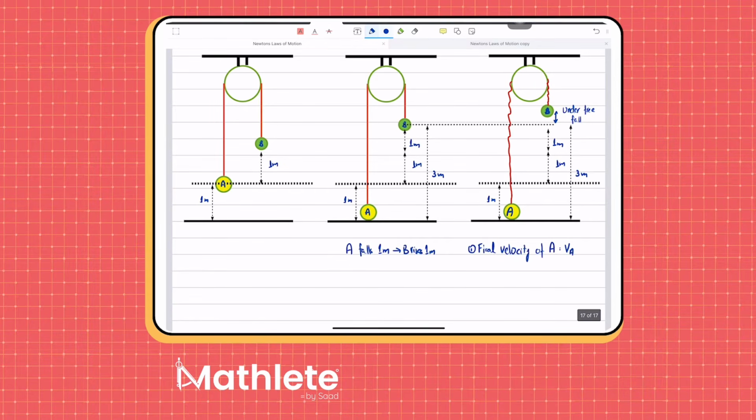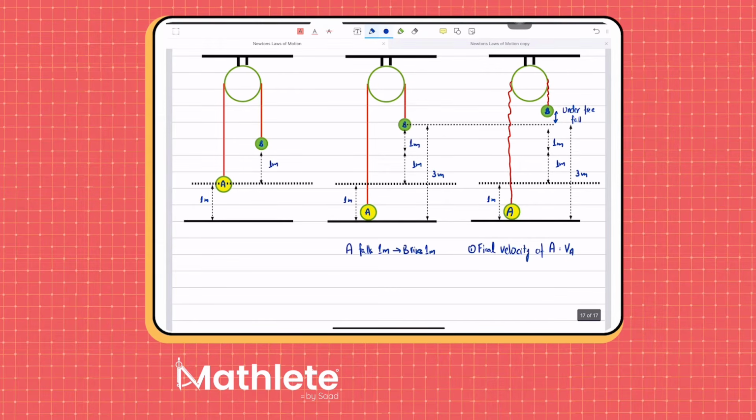Now what do you think this velocity will be equal to compared to B? What will be the final velocity of A compared to the velocity of B? The same, that's correct. Same, but it's going to be the initial velocity.